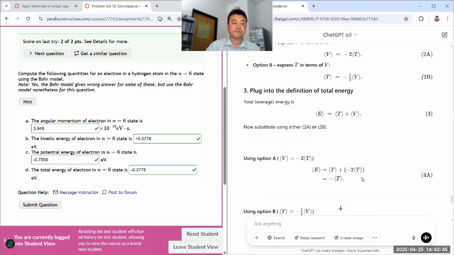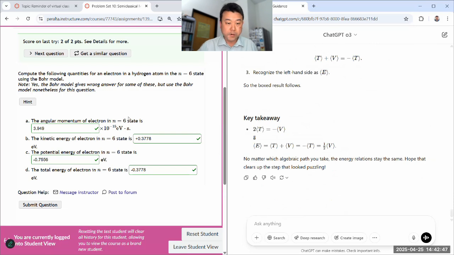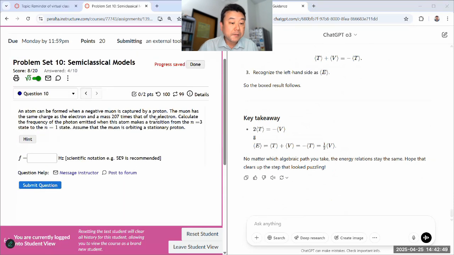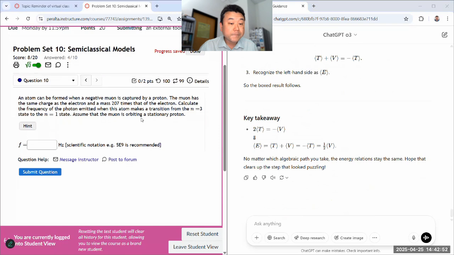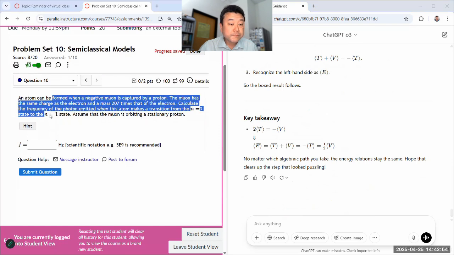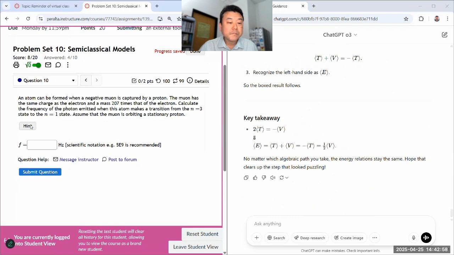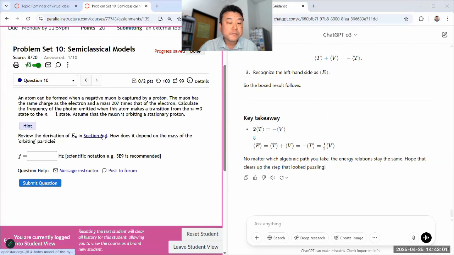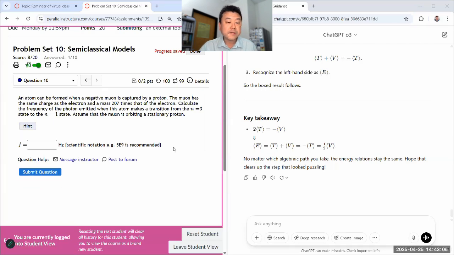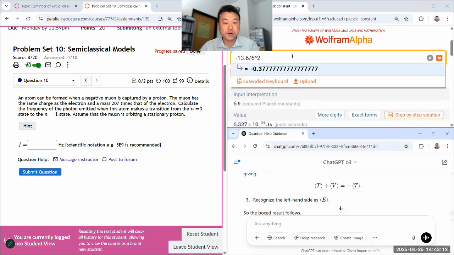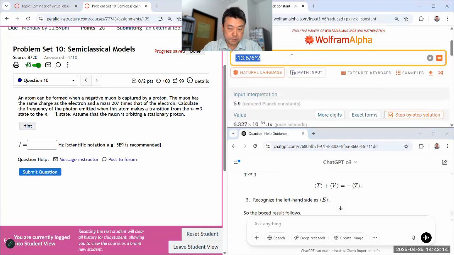Yeah, good. All right, let's see if there's one other question I can do with the help of ChatGPT. Oh, this can be fun. So let's say you didn't look at the hint and you just tried plugging in the answer you would get using the regular Bohr model, which should be minus 13.6 eV.